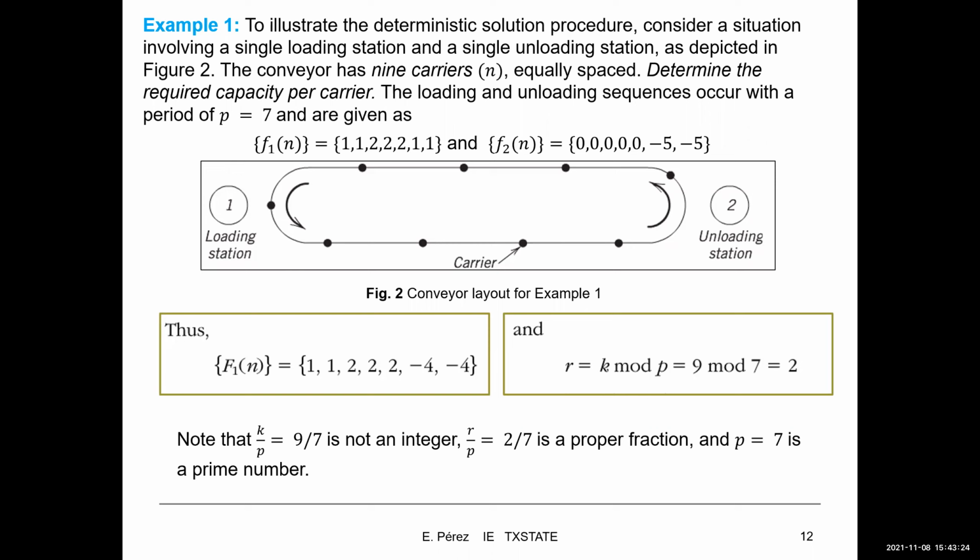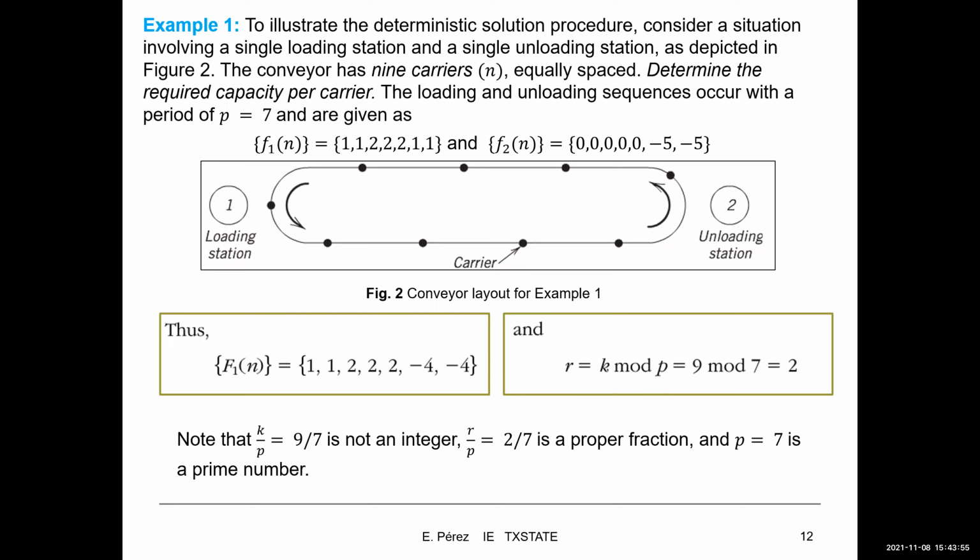This second set is telling us that we are not going to unload anything until we get to the 6th period, in which we're going to unload 5, and then again 5. So if you look at the summation of this, it should be 10. This is also minus 10. So F1 plus F2 is equal to 0. Everything that is loaded is also unloaded.